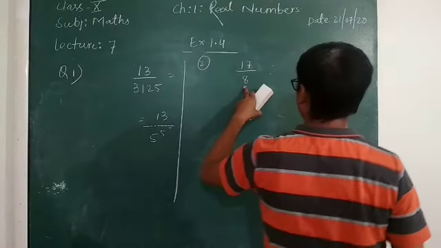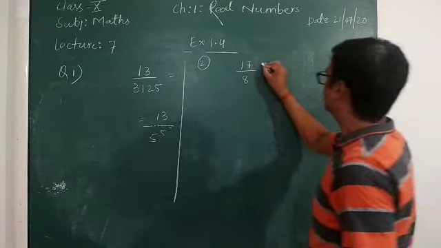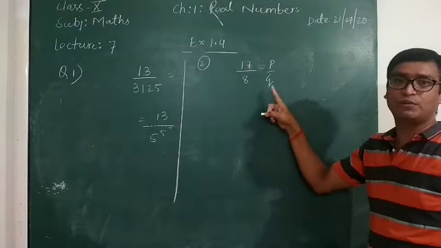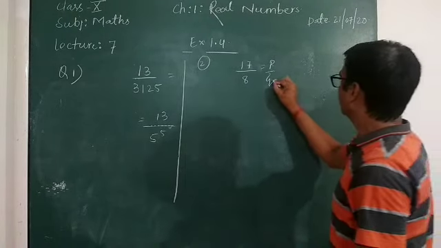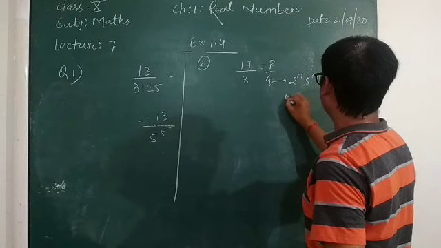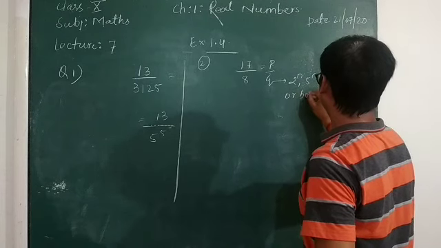Again we have to see this 8. This is also in the form of p by q. So q should be in the form of 2 raised to power n, 5 raised to power n, or both.